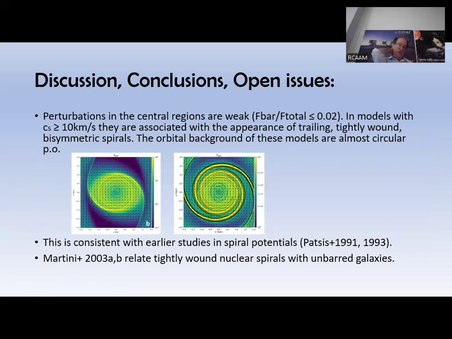Whenever we have low perturbations, very weak bars or non-barred cases, or round geometry, round topologies, then we see this association of tightly wound spirals with these properties of the potentials.